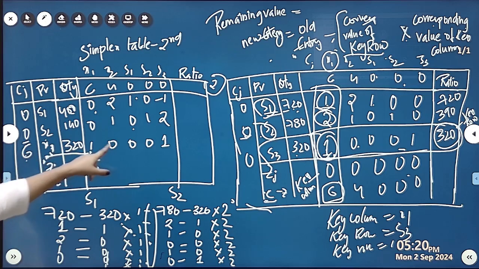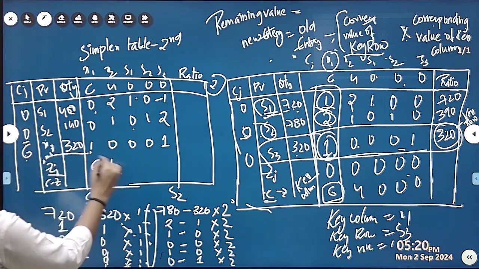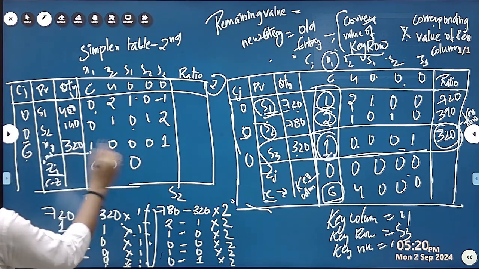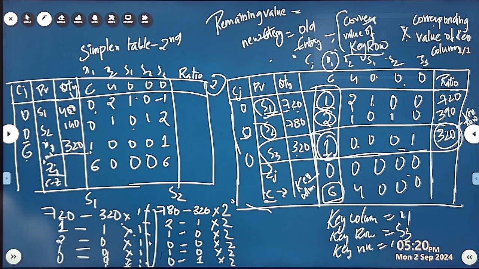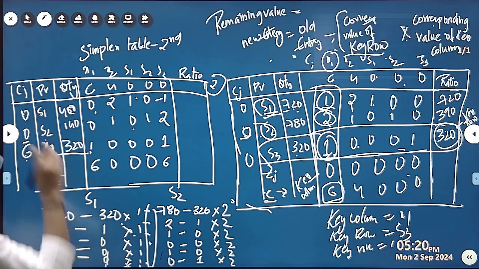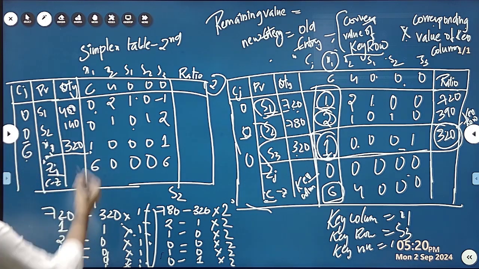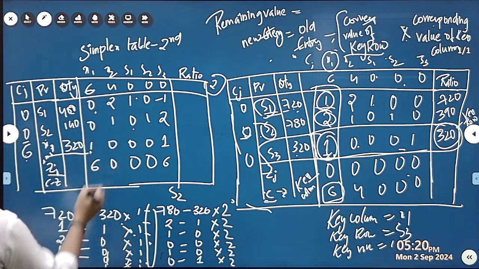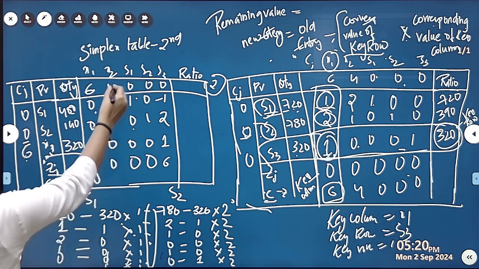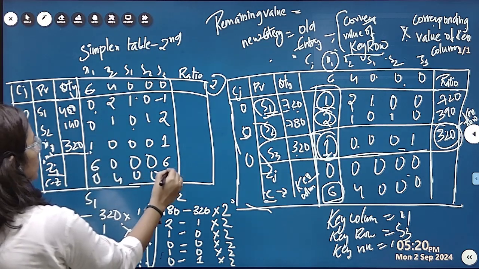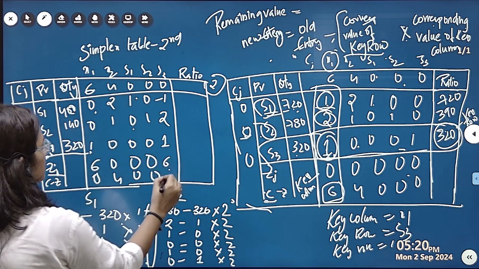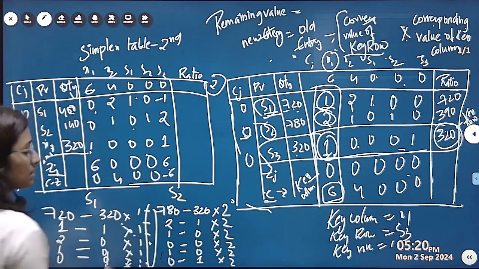But this 6 into 0, 0. Next 6 into 0, 0. Next 6 into 0, 0. 6 into 1, 6. Okay. So next tell me Cj minus Zj. 6 minus 6, 0. 4 minus 0, 4. 0 minus 0, 0, 0 and 6 minus 0, minus 6.